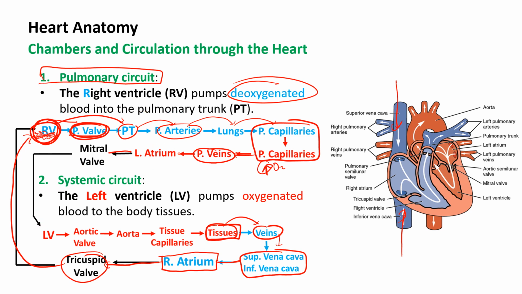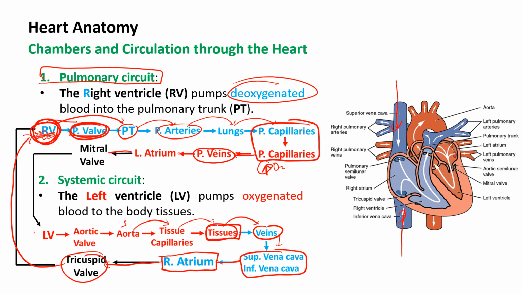The systemic circuit begins with blood in the left ventricle. During diastole, the ventricle is preparing for contraction, and in systole, the blood gets pumped to the aorta through the aortic valve. And then from the aorta it will get spread to the entire body, tissues, and the cycle repeats.